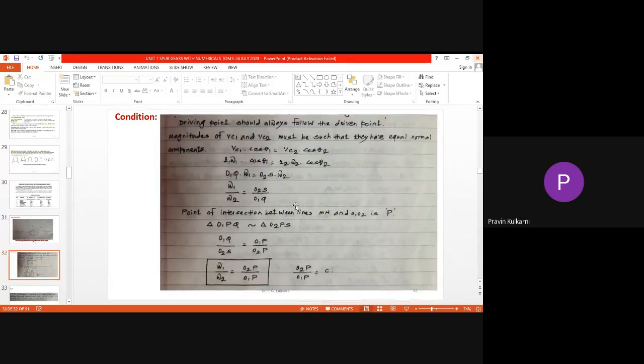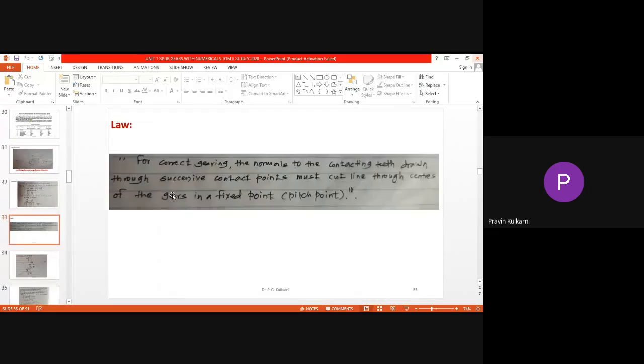For correct gearing, the normals to the contacting teeth drawn through successive contact points must cut the line through centers of the gears in a fixed point. It means that the common normal to the two profiles at the point of contact must pass through the pitch point all the time.